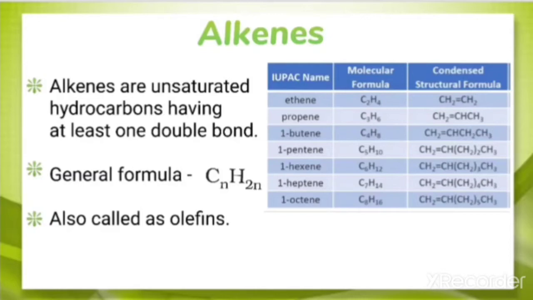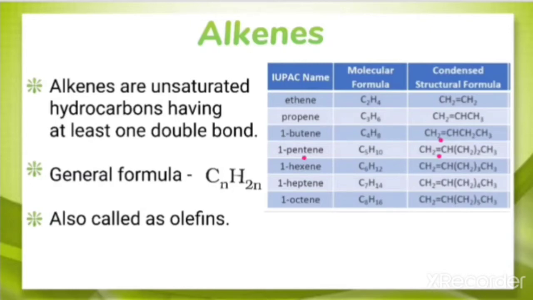Next we have a molecule here, 1-butene. You can see there is a double bond between the first and second carbon. Therefore in the naming we use 1-butene. 1 means the double bond is between the first and second carbon. Next, 1-pentene.